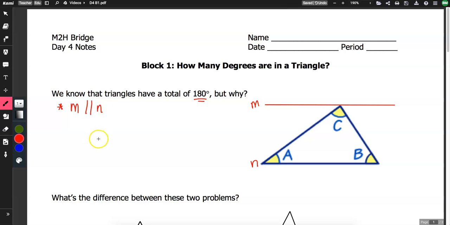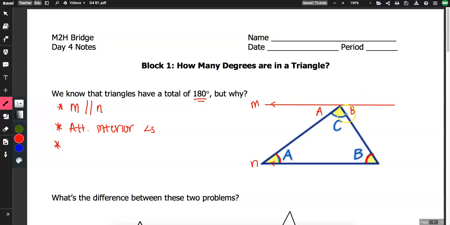So what we know about parallel lines, if these guys are parallel, that means this angle right here is congruent at the top. That's alternate interior. And same thing with angle B, can also go at the top here.